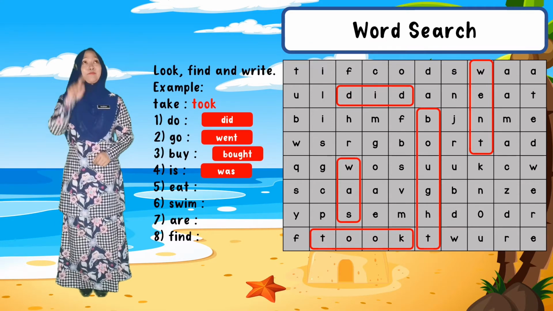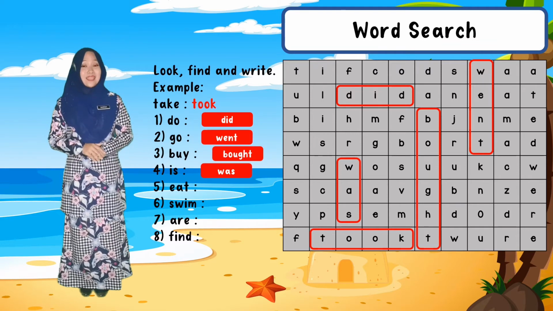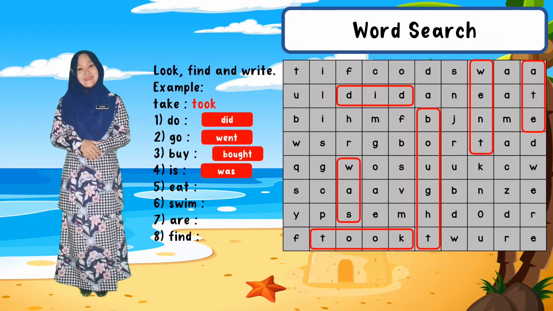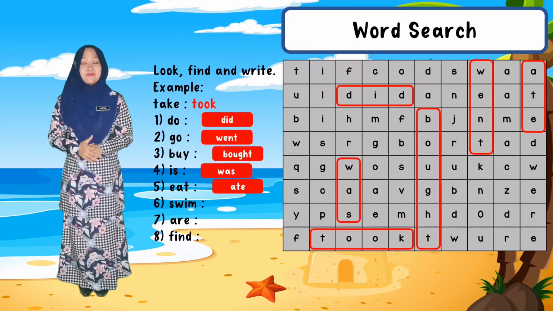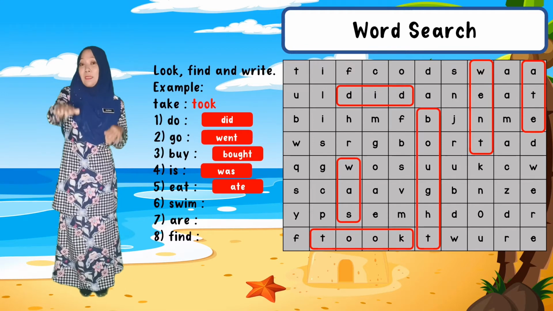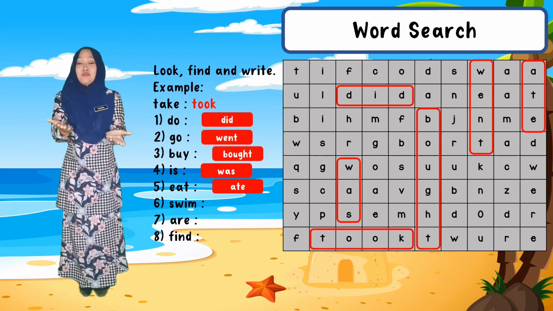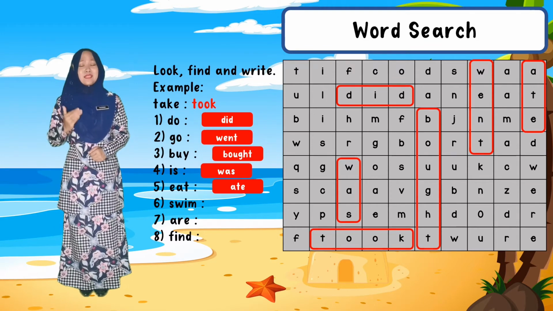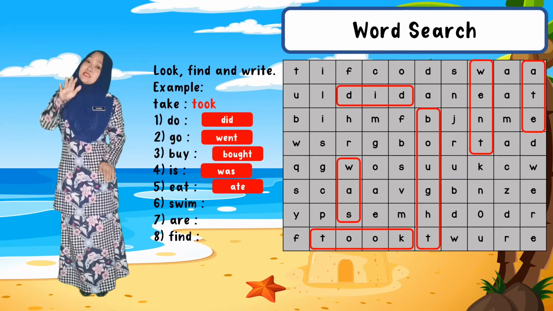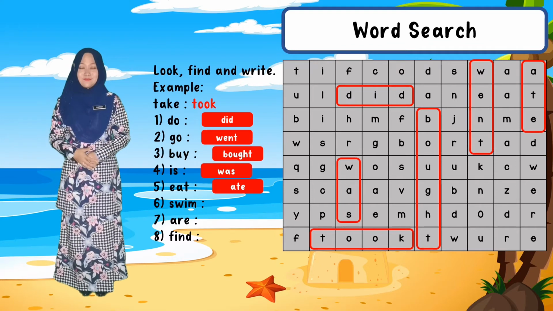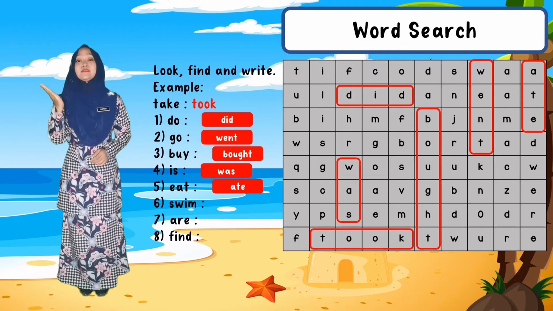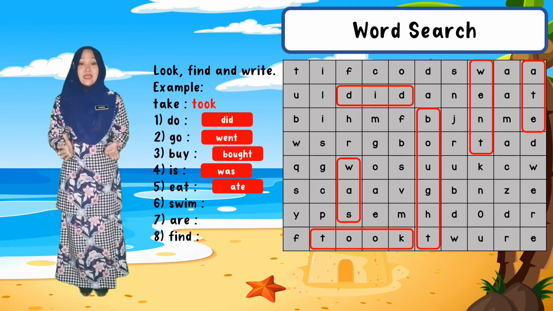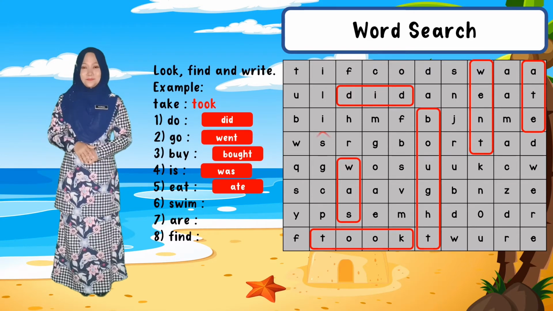Again, it is from top to bottom. That is ate. Next verb, swim. Can you find where is the past tense form of the verb swim in the word search? It is diagonal down to right. That is swam.